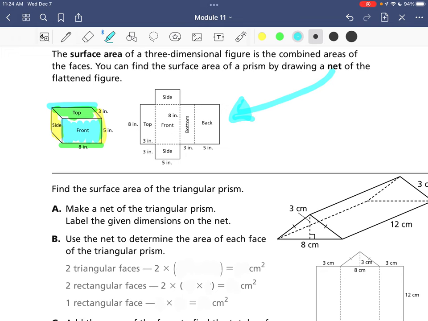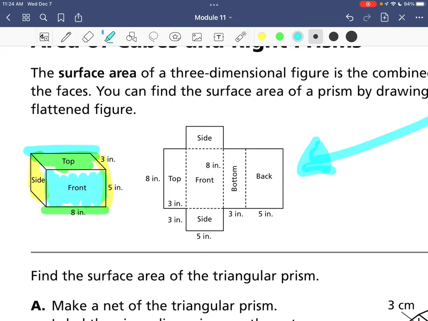And the big thing for this is to make sure you transfer your measurements over to the right spot. Okay, so like 8 inches, here's my 5 inches, that goes here, which means that also goes here.